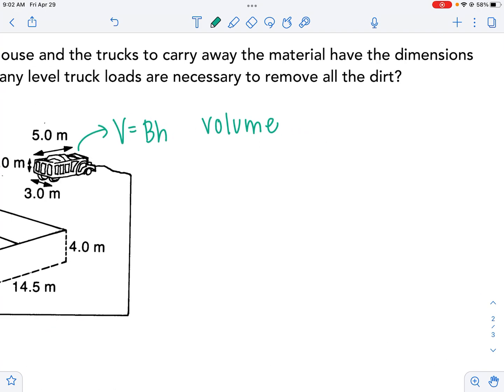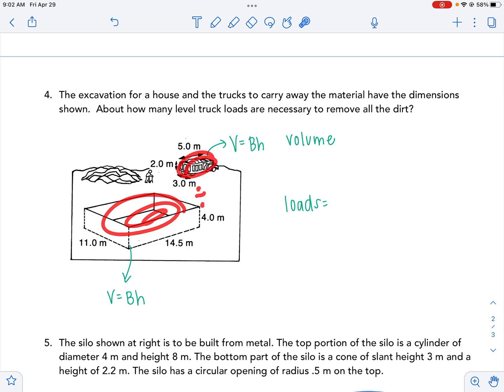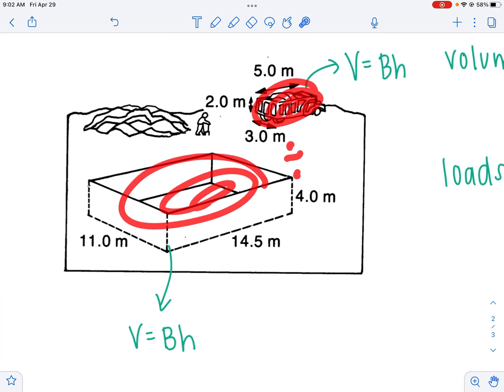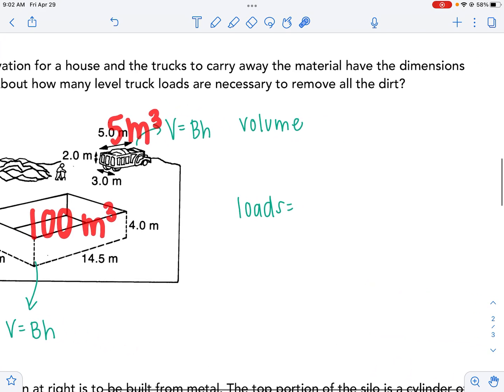Well, to figure out the loads that it would take, so all of the trips that it would take, I would really need to figure out what's the volume of the house and then divide it by the volume of the truck. So I'm making up numbers, but if the volume of the house is 100 meters cubed and a truck could only carry 5 meters cubed, well then I would do 100 divided by 5 and that would tell me how many loads.